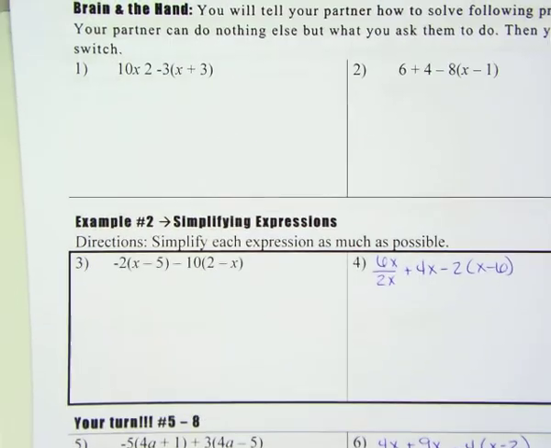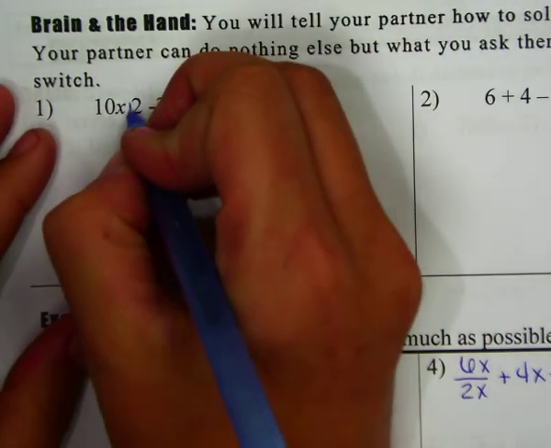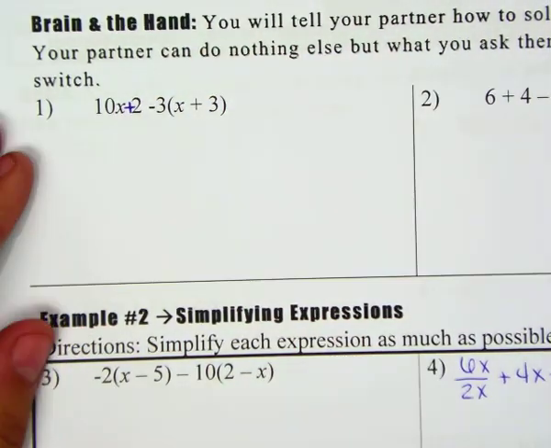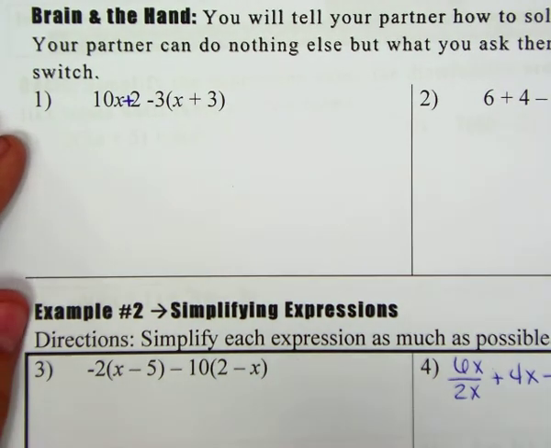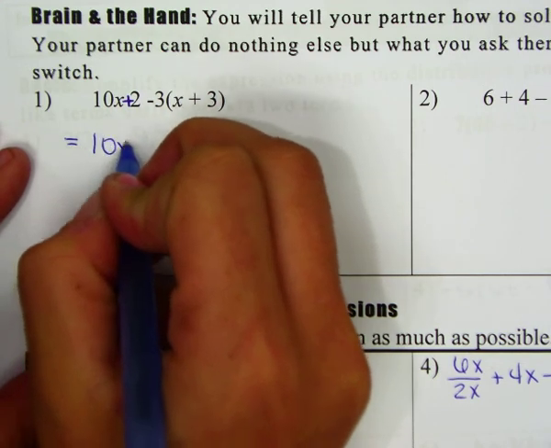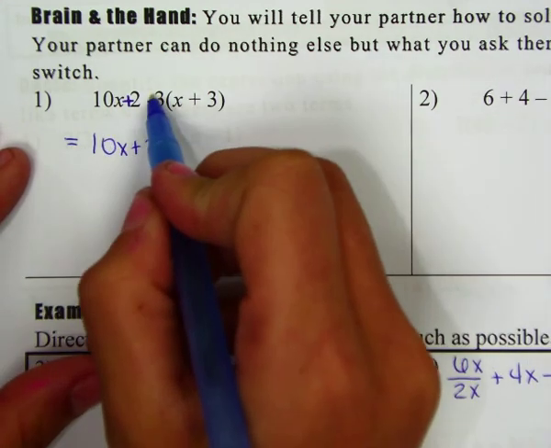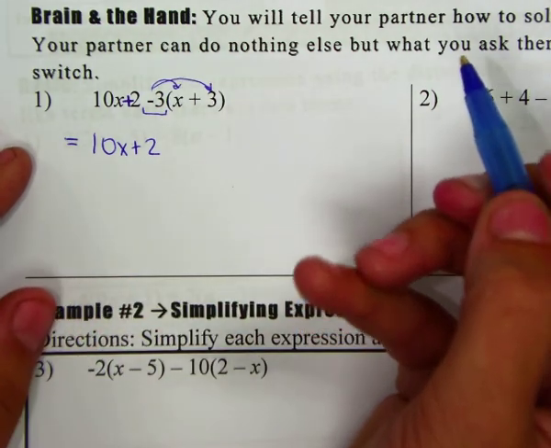Okay. You're supposed to do the brain and the hand, but I'm going to go ahead and do these two for you. This should be 10x plus 2 minus 3 times the quantity x plus 3. So I'm going to rewrite this expression. I can't do anything with these yet. 10x plus 2. And then you're going to distribute the -3 to both terms.